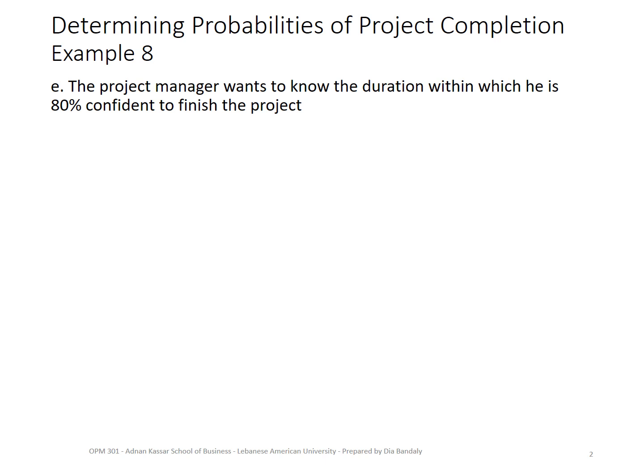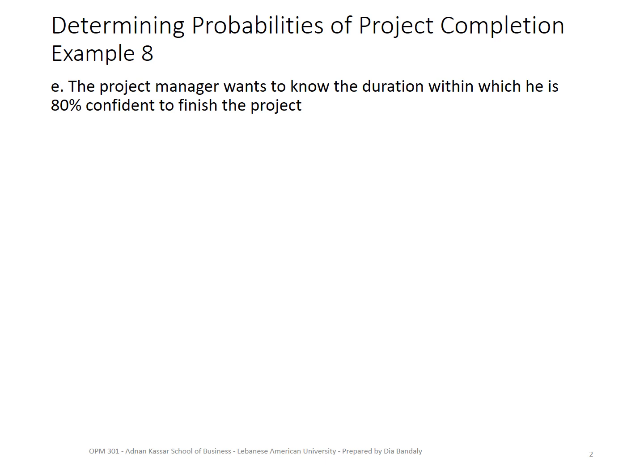Any company has a certain risk management policy, and for example, this company can take up to 80% risk. So the manager wants to know what his committed duration should be. If he's 80% confident that he can do it within the committed time, he's not taking more risk than 20%. This is a very good question.